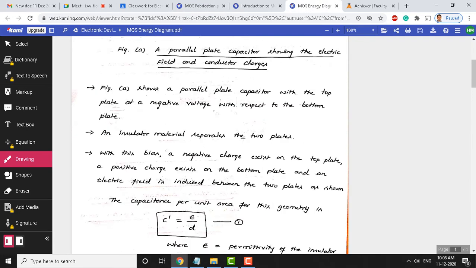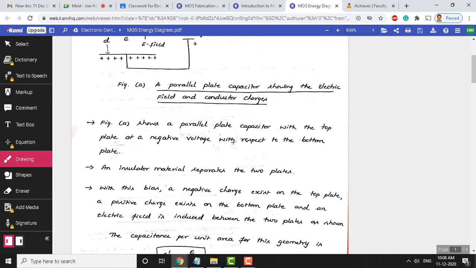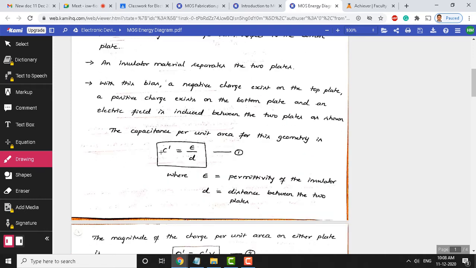Now, let us see the formulas related to this. With this bias, a negative charge exists on the top plate and positive charge on the bottom plate, and an electric field is induced between the two plates, which is shown in the diagram. Now, let us use the formula for capacitance per unit area. Why do we make area as 1, or unit area?